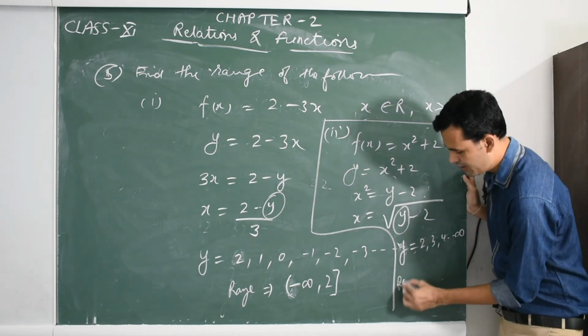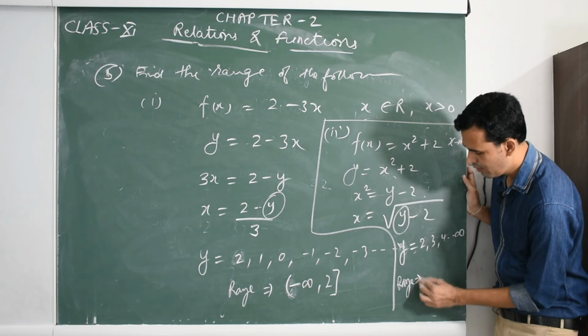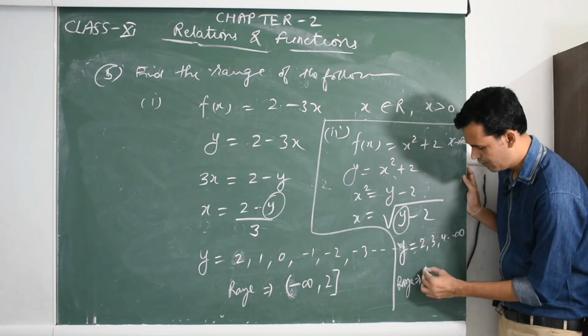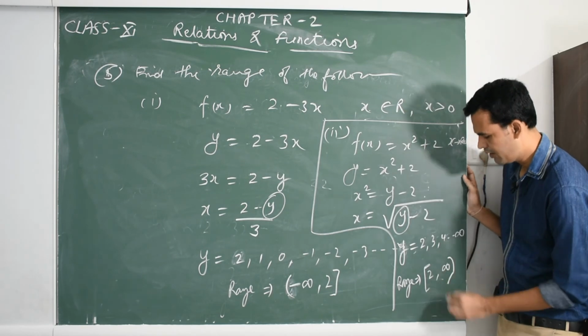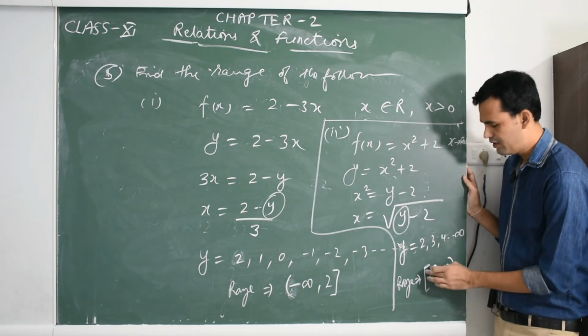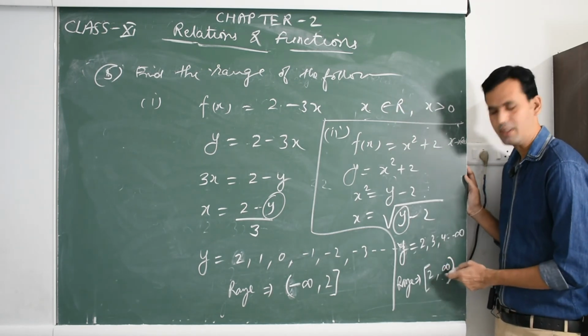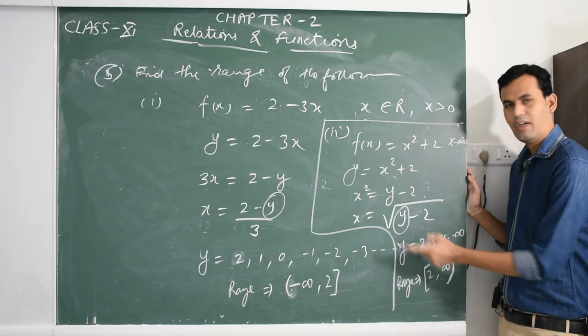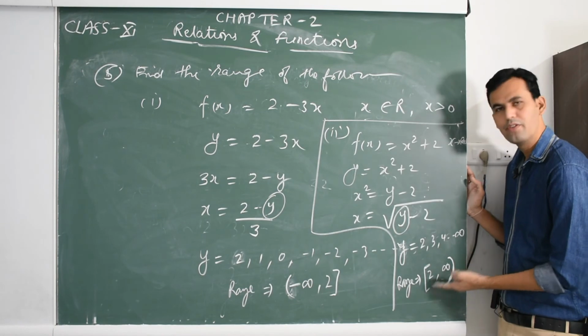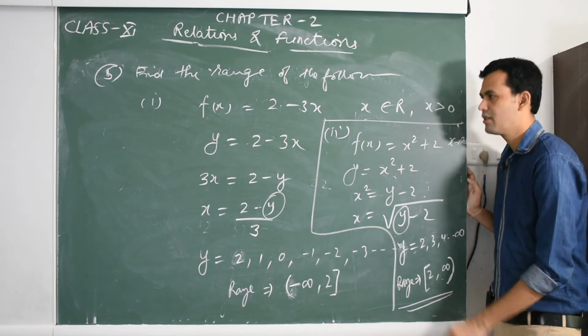So the range of y is from 2 to infinite. This is a closed interval and this is an open interval, because 2 is also included in these values. So 2 to infinite is the range of this question.